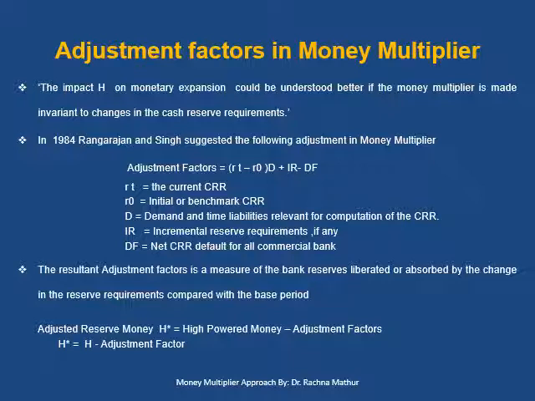If we deduct the adjustment factor from high powered money, we will get adjusted reserve money, that is, H star. The resultant adjustment factor is a measure of bank reserve liberated or absorbed by the change in the reserve requirement compared with the base period. It is believed that the impact of H on monetary expansion could be understood better if the money multiplier is made invariant to the change in the cash reserve requirement.